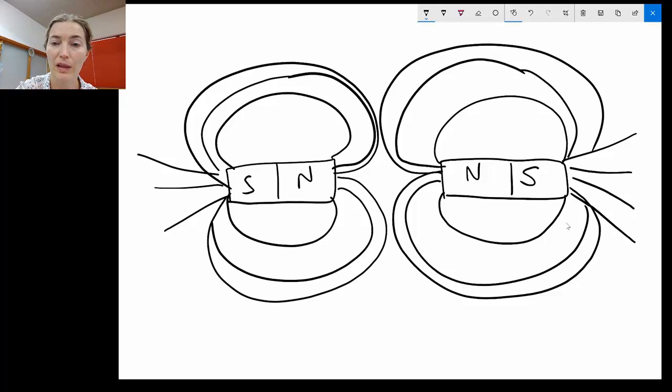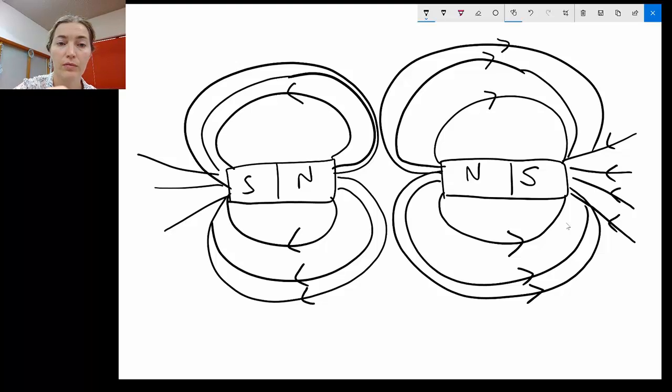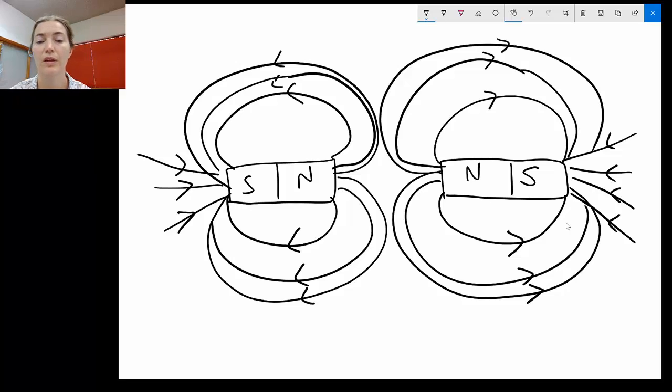And how do we represent the arrows? Away from north towards south. So that would be the two like poles.